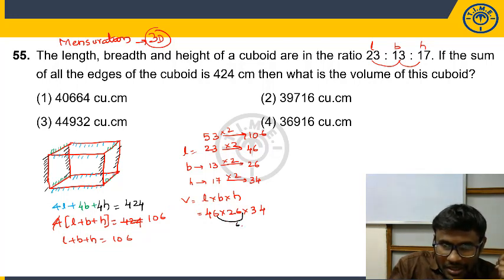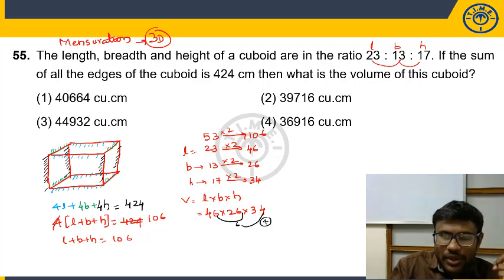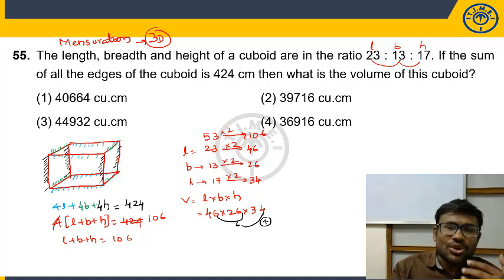And 6 into 4, the unit digit becomes 4, because 6 4s are 24. In the given options, there is only one option where the unit digit is 4. So there is no need of doing the complete calculation.